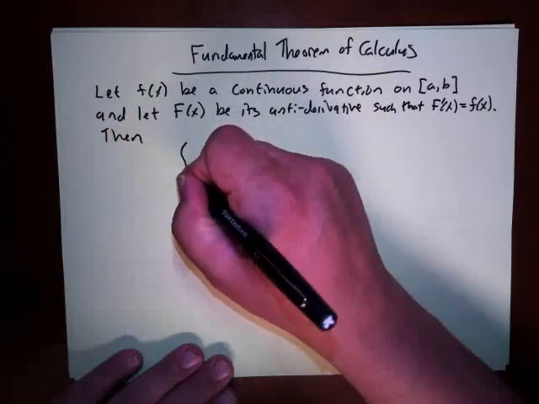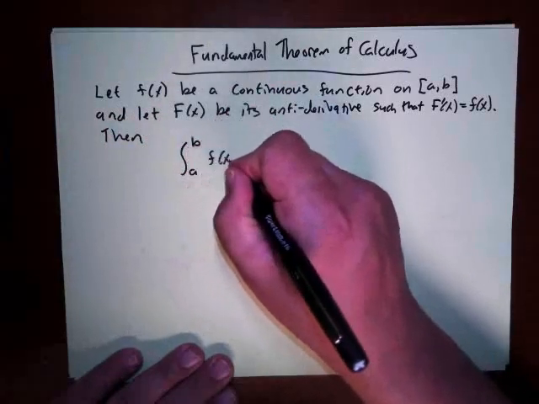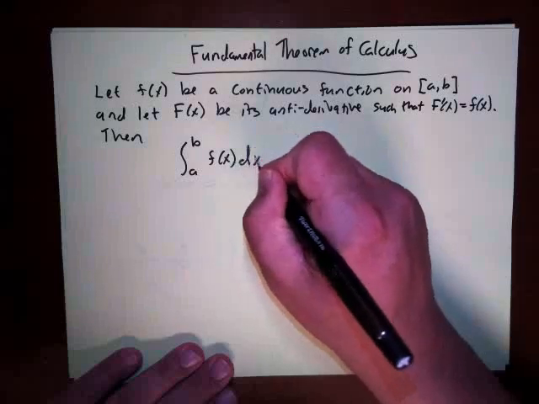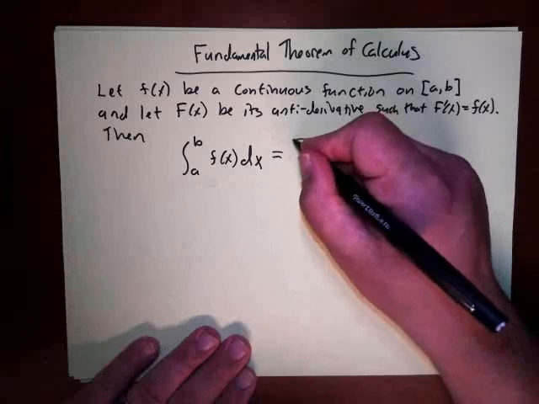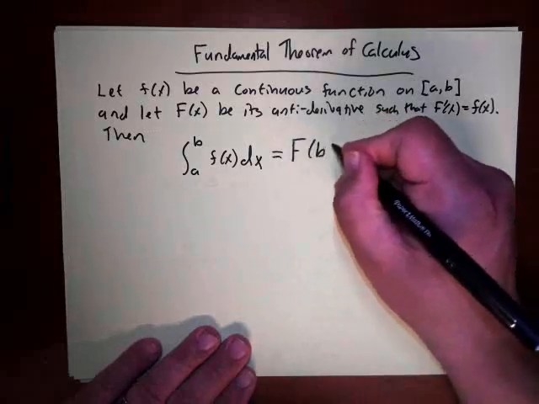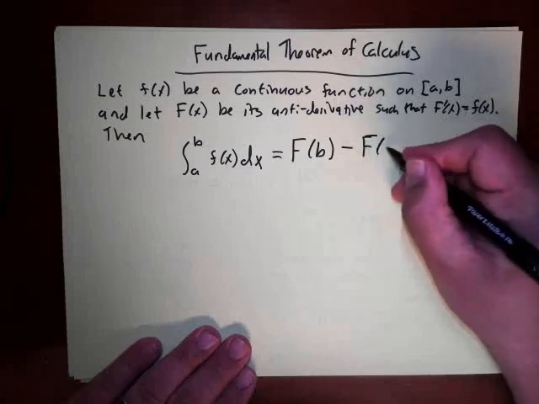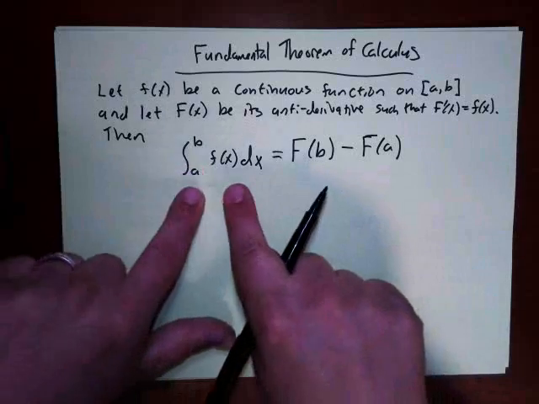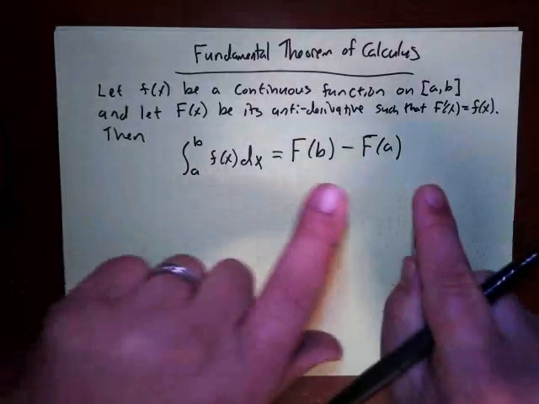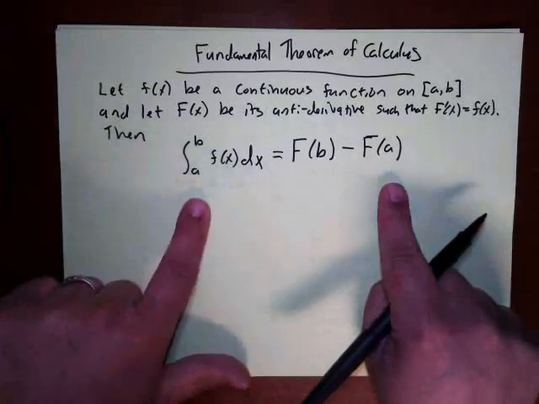We have that the definite integral from a to b of f of x dx is equal to capital F of b minus capital F of a. So this formula relates the area under the curve to the antiderivative, and it shows the actual relationship.